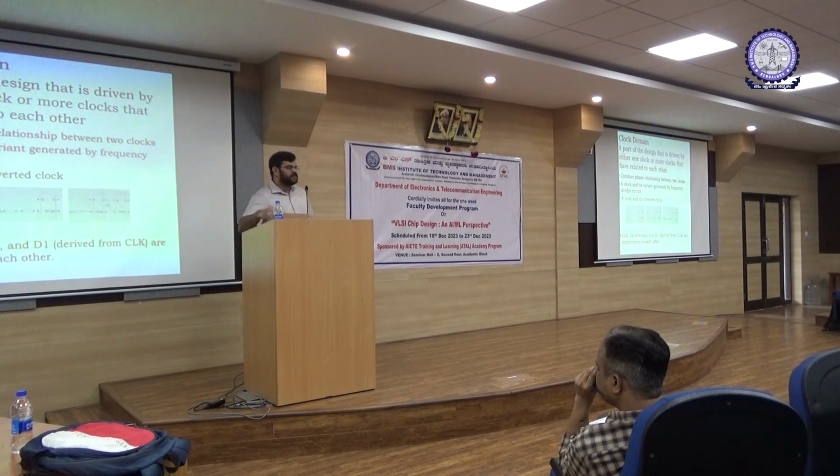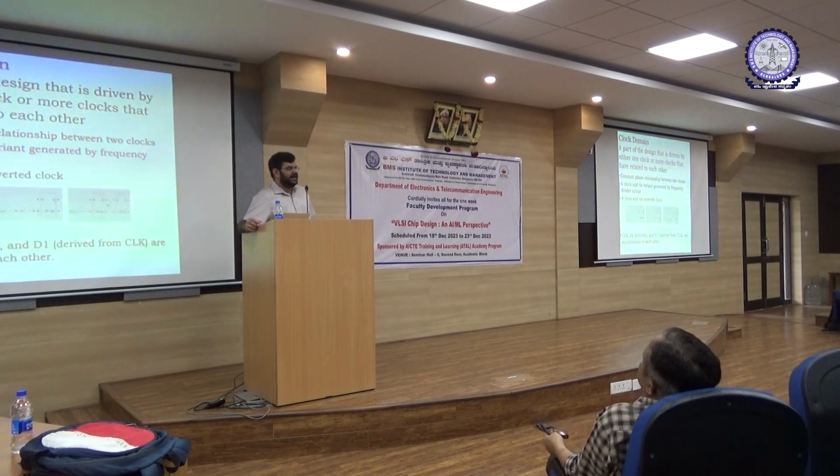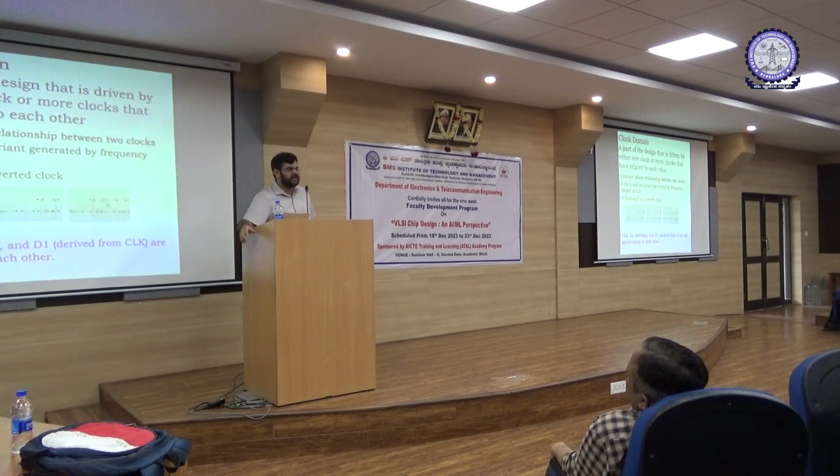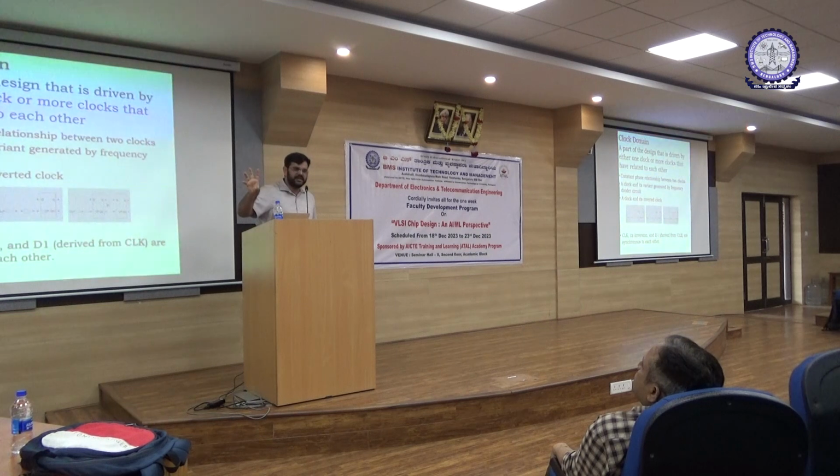That particular set of instances is called a domain. You can call it an island where the clock is going to these many cells. Let's say I have 1000 flops in my design, and I have 10 clocks. And 100 flops are getting clock A, 100 flops are getting clock B. So clock A domain is these 100 flops. That is the simple definition for clock domain that I can give.